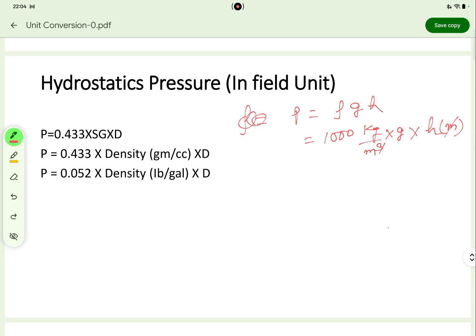So you know the force is equal to ma, and its unit is Newton, right? So force is nothing but kg, meter, per second square.